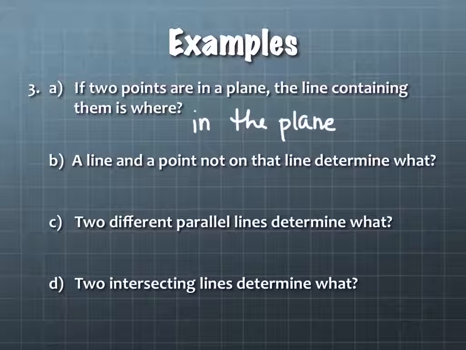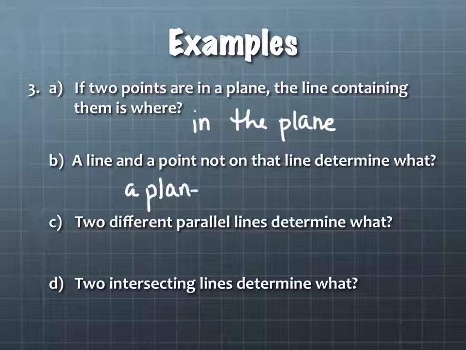A line and a point not on the line determine what? A plane. When we talked about planes last time, we said it takes 3 non-collinear points to determine a plane. A line has at least 2 points on it, and you have some point not on the line, so it's not collinear with those, and you get a whole plane. 2 different parallel lines determine what?